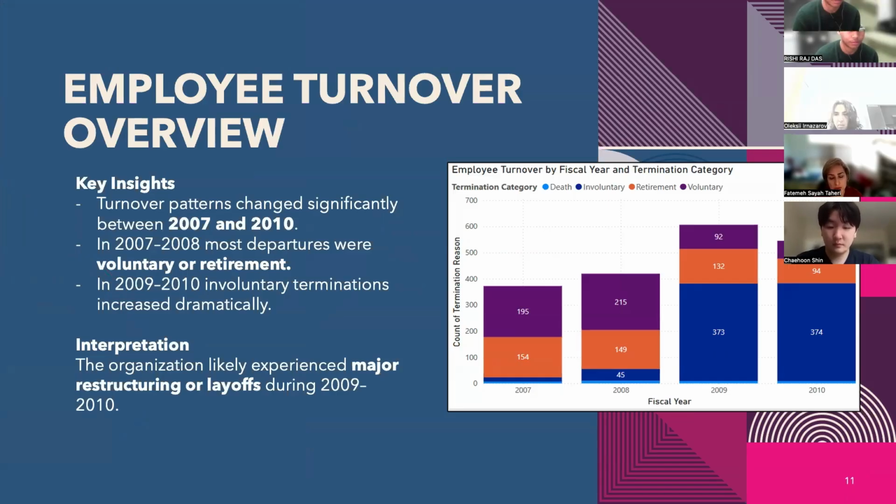However, in 2009 and 2010, involuntary termination increased significantly. This suggests that the company likely experienced organizational restructuring or layoffs during those years. This analysis helps management understand how workforce change occurs over time and supports better workforce planning.